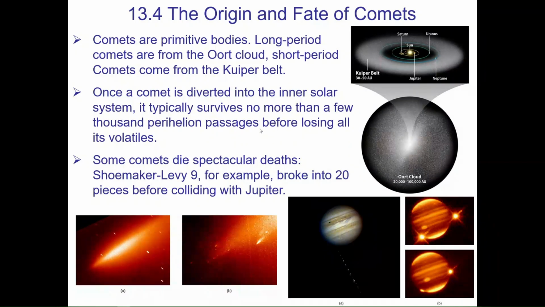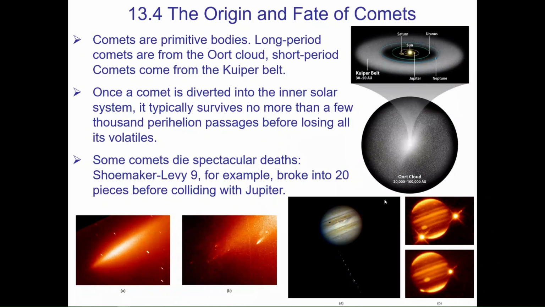Compared to gradual mass loss, some comets die spectacularly. For example, one of them is called Shoemaker-Levy 9. This comet broke into 20 pieces, then collided with Jupiter.